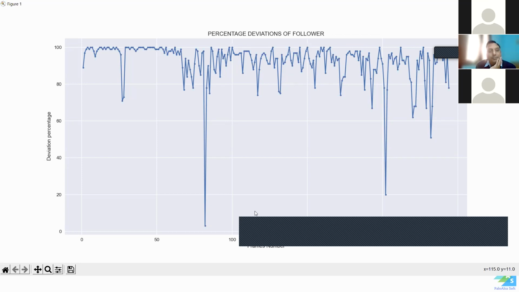Then in analytics we can show which activity is not performed well, and we can calculate the percentage deviation for different frames. So we say first to 10th frame, 10 to 50, 50 to 150, 150 to 200, which will not be uniformly divided, but for every segment we'll come to know the performance.